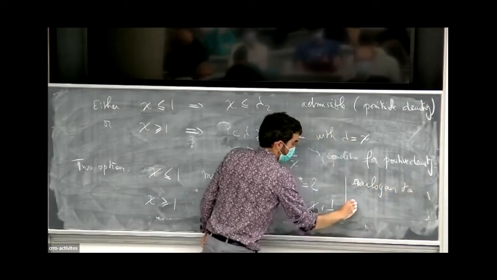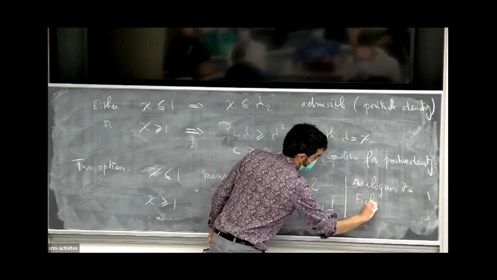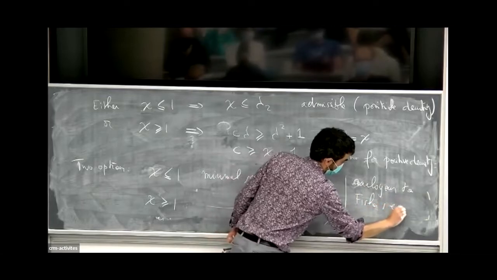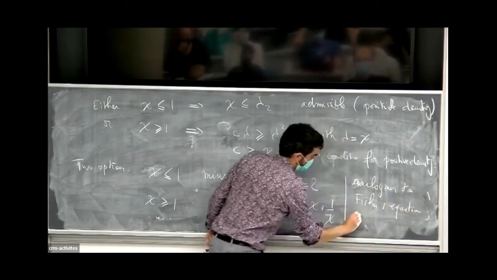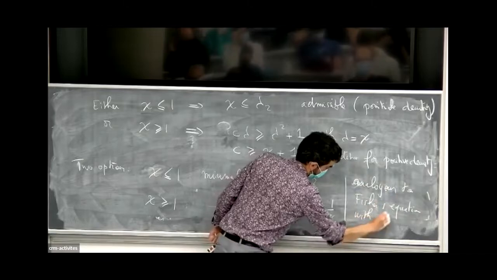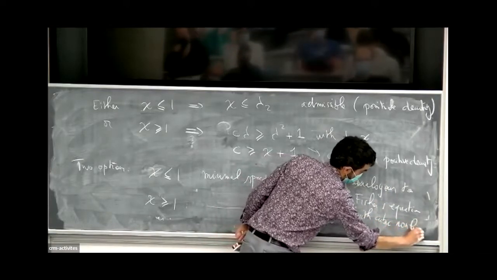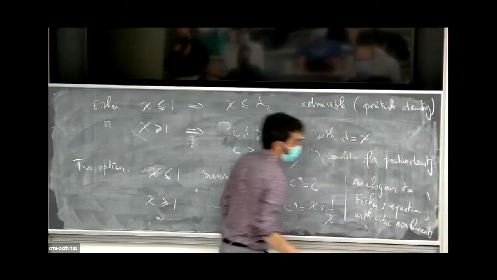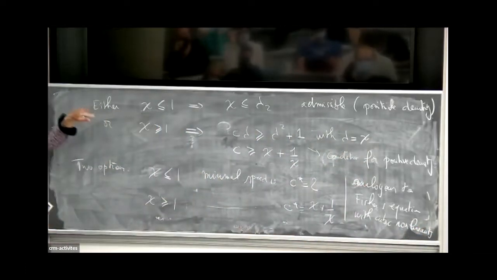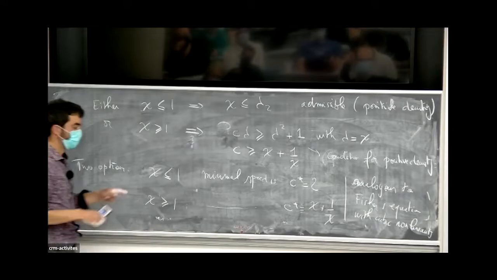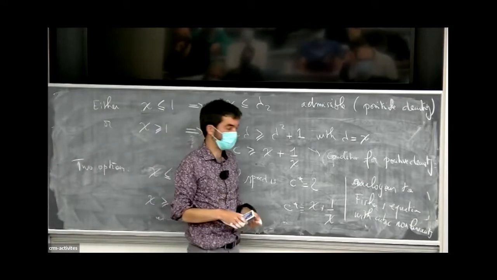to Fisher's equation with a cubic nonlinearity in the case where you have a weak Allee effect. There is a u(1 minus u)(1 plus 2 chi u) that was discussed in the previous talk.